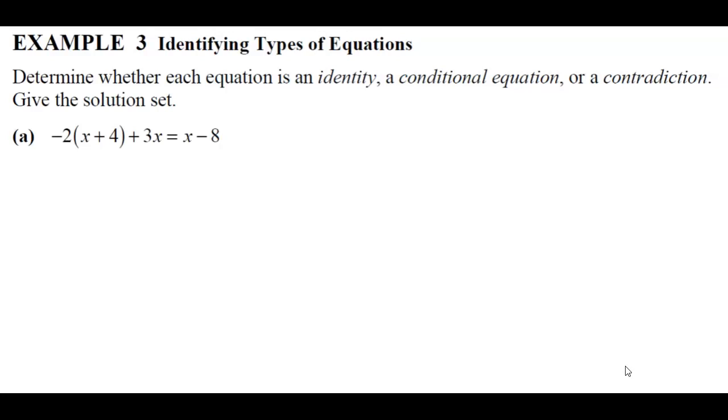So the first thing that we want to do is distribute the -2 to both of those two terms. So -2 times x is going to give us -2x, and -2 times +4 is going to give us -8.